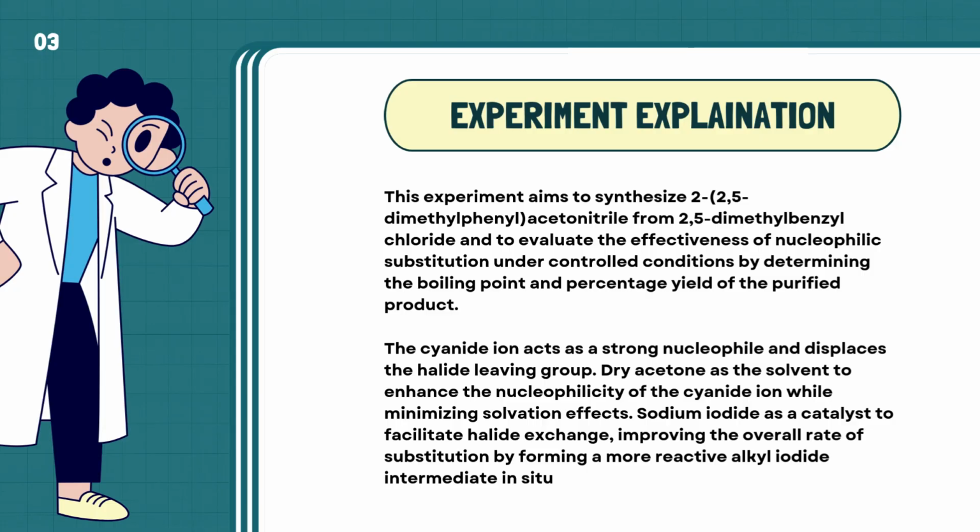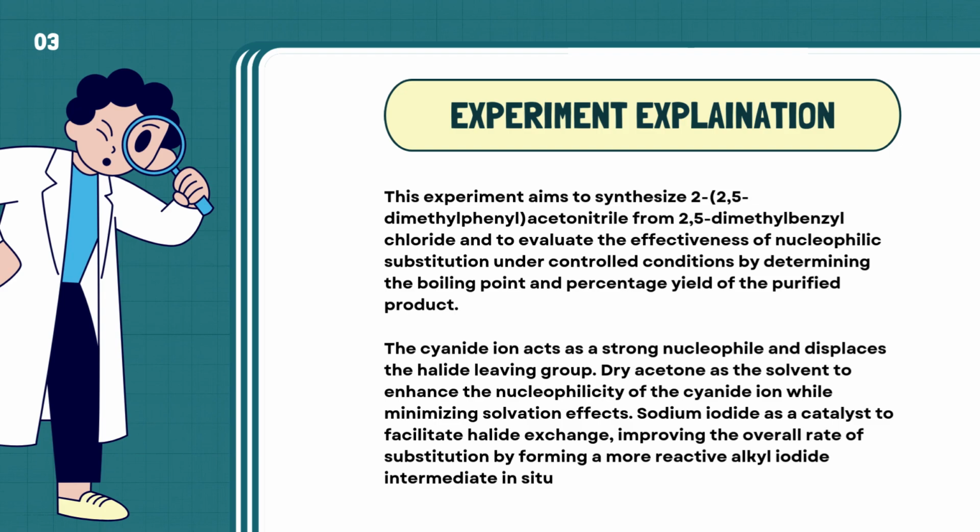First of all, this experiment aims to synthesize 2,5-dimethylphenyl acetonitrile from 2,5-dimethylbenzyl chloride and to evaluate the effectiveness of nucleophilic substitution under controlled conditions by determining the boiling point and percentage yield of the purified product.